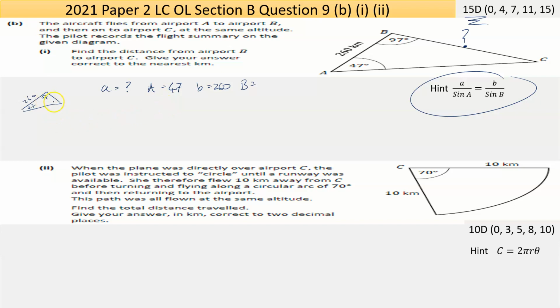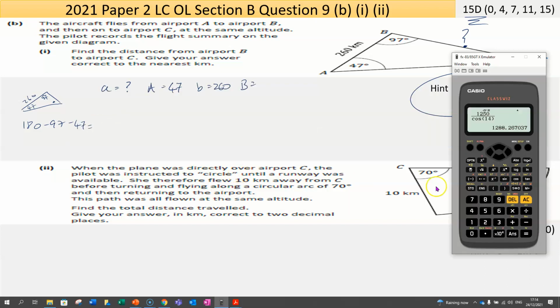The angle B here, this angle I'm just putting the mark on, that's findable. If I get 180, take 97, take 47, I'm going to end up with that missing angle. Now I'm going to use my calculator so I don't mess this up. So it was 180, take 97, take 47. I have a bad habit of just doing it in my head and then I realize after I was wrong.